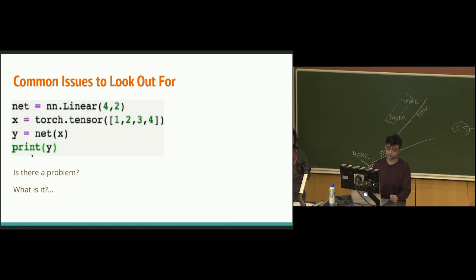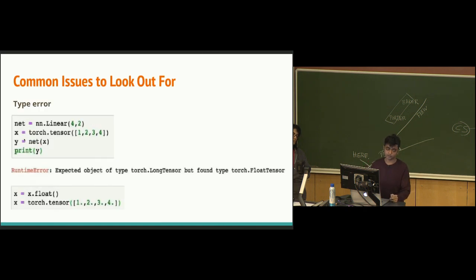But if I do net of x, which is basically calling the forward method of net on x, it would throw me an error, because the neural network expects tensors of type float, and here x is a tensor of type long. So always make sure that your inputs are of type float. If I do x.float and then print x, then x would be a float tensor, and this error would go away.